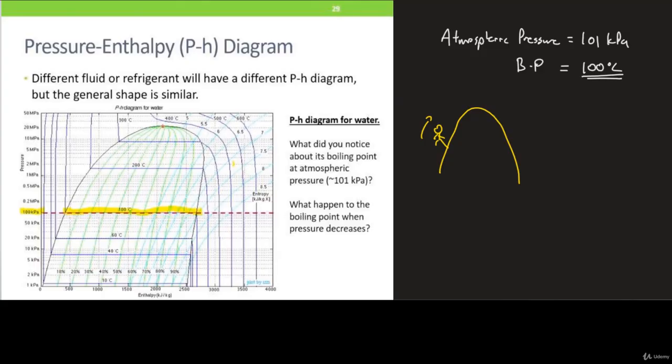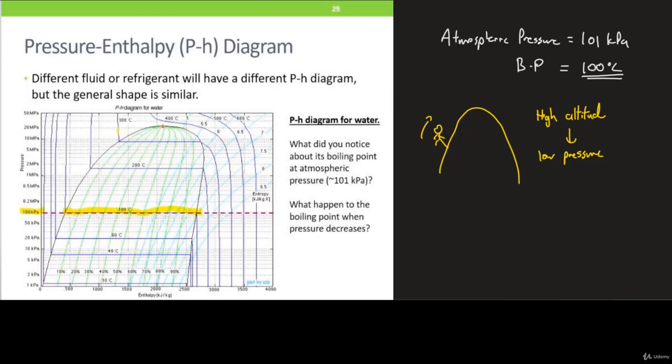Somehow your rice cannot be cooked. That is because the higher you go, the lower your pressure is. The higher your altitude, the more your atmospheric pressure will reduce.